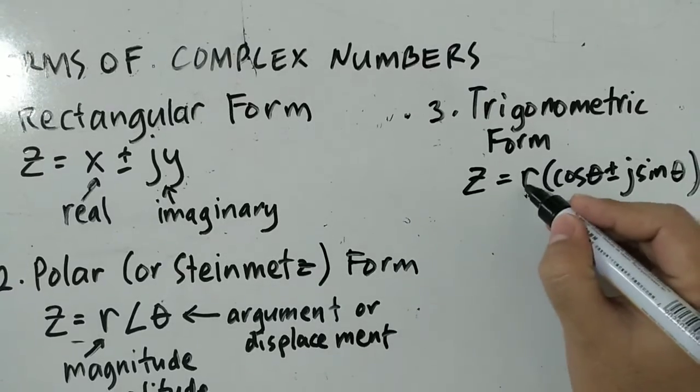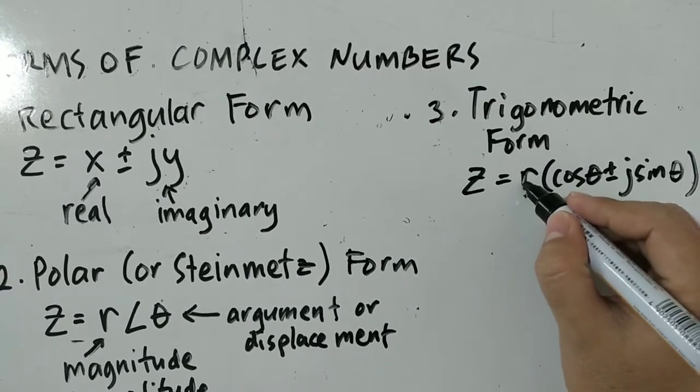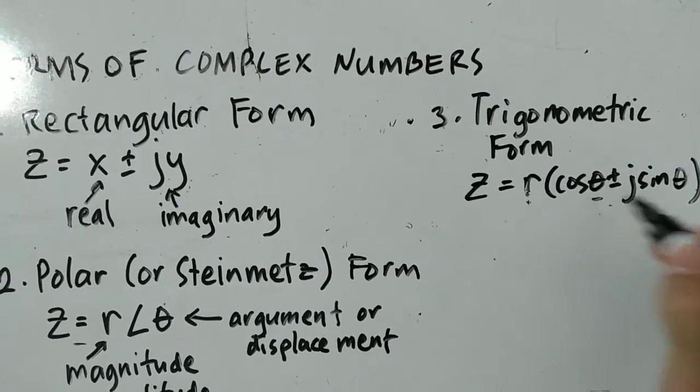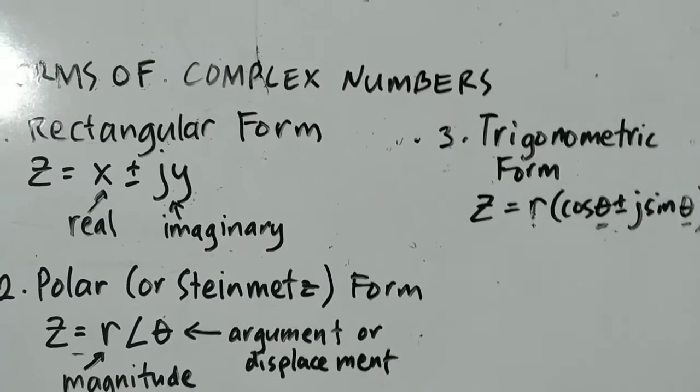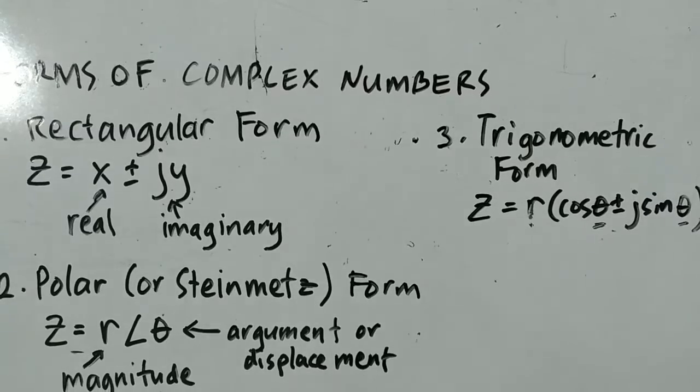So this is the magnitude once again, or the amplitude, and theta is what we call the displacement or the argument. So that is the trigonometric form.